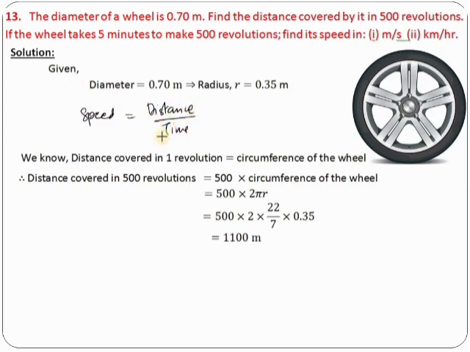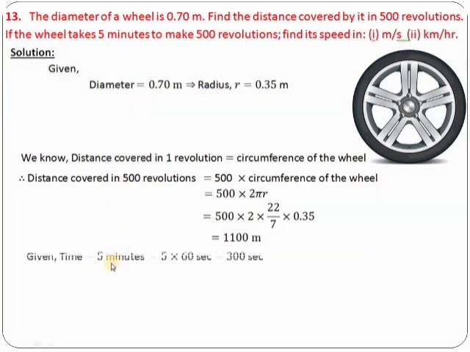For 500 revolutions, how much distance is covered? Yes, we have distance and we have time also. Time is given in minutes, so I'll be able to find the speed. Let's see how to find the speed.